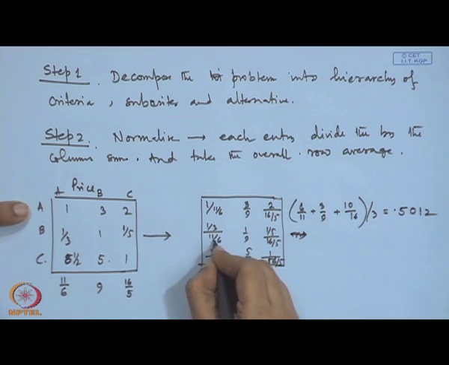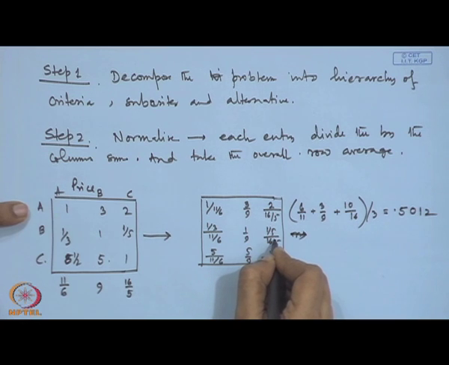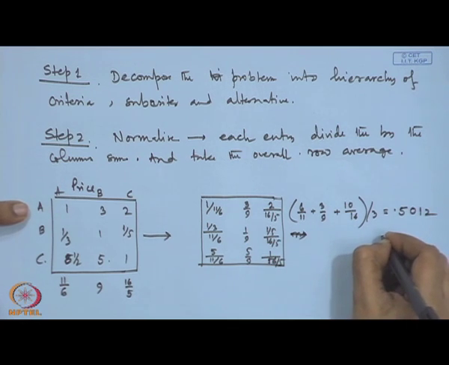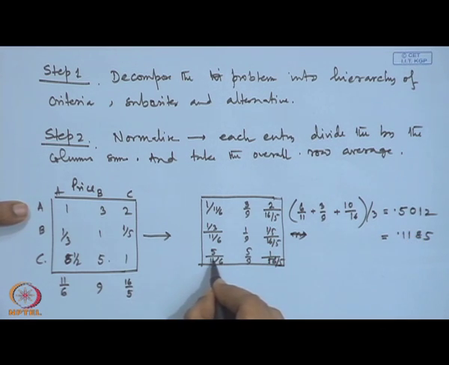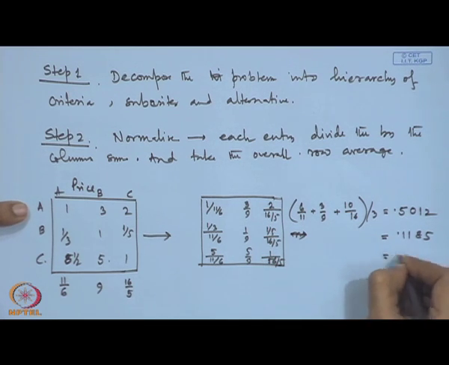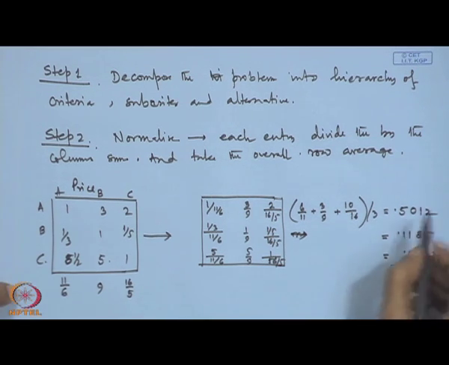Similarly, by considering the sum of all entries and dividing by 3, this value will give you 0.1185. Again, adding all the entries of this row, dividing by 3, we will get 0.3803. If I just take the total, it will come 1.000. All right. And this is the priority vector we say.